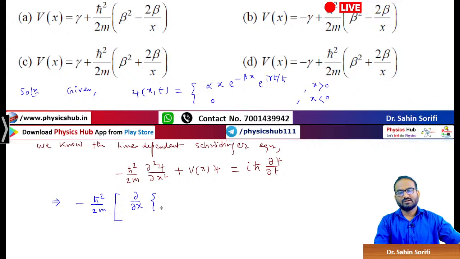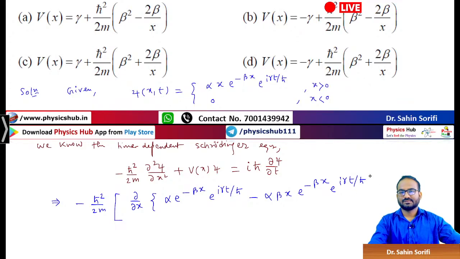You will get here two terms: alpha e to the power minus beta x, e to the power i gamma t by h cut, next, minus alpha beta x e to the power minus beta x, e to the power i gamma t by h cut, plus v of x into psi is equals to i h cut del psi by del t.